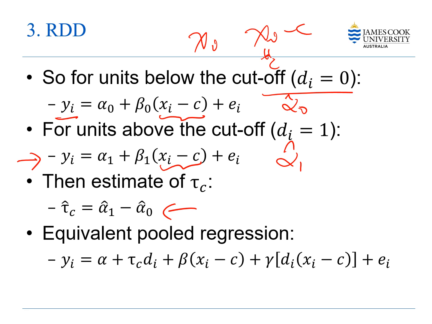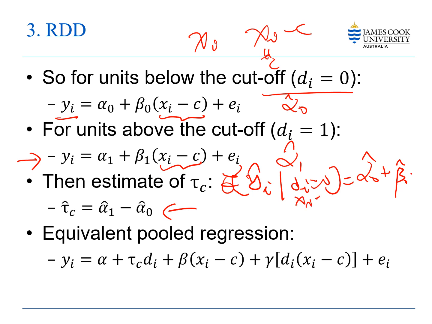To see this, for the control, the expected value of yi is equal to alpha 0 hat plus beta 0 hat times xi minus c. Now when xi is equal to c, xi minus c is 0, so it drops out.